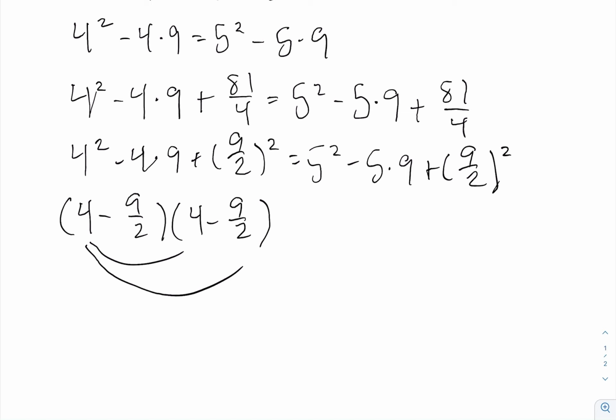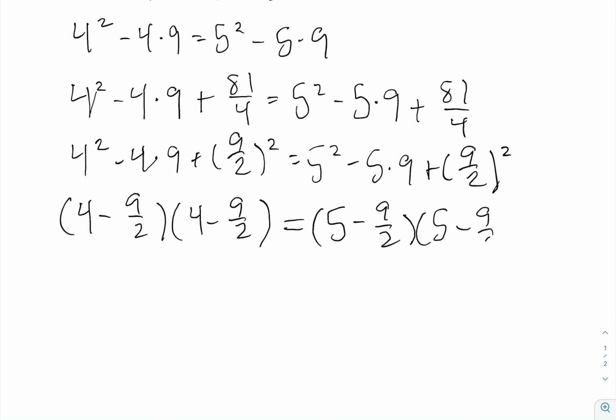We would get 4 times 9 over 2, and then 9 over 2 times 4. Combining those together, we would just get 4 times 9, because the over 2's would just become 9, right? So we factored that, and we can do the same on the other side. We can say 5 minus 9 over 2 times 5 minus 9 over 2.